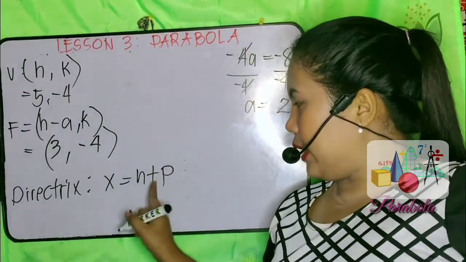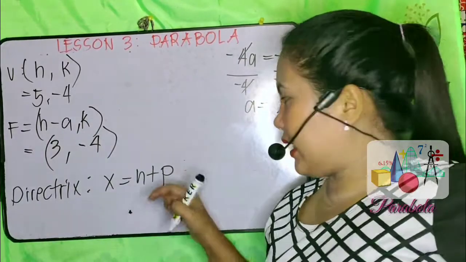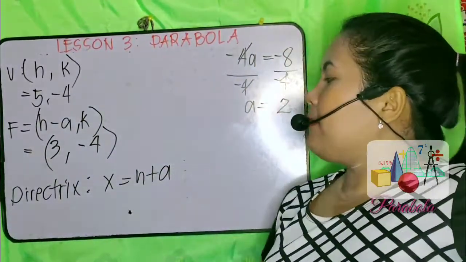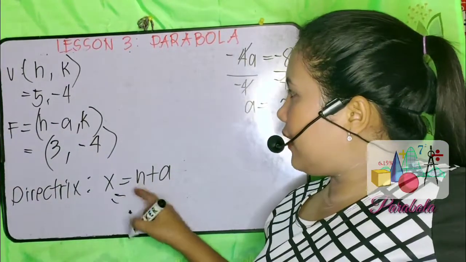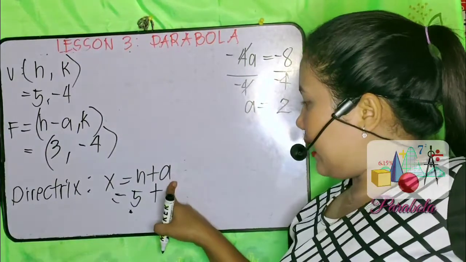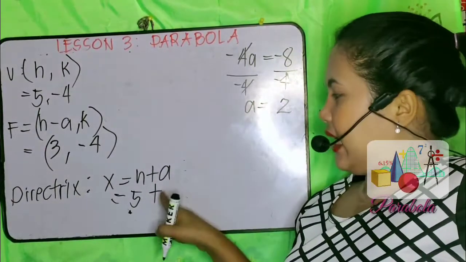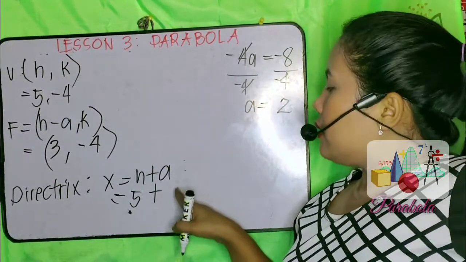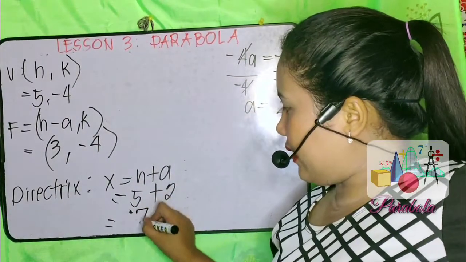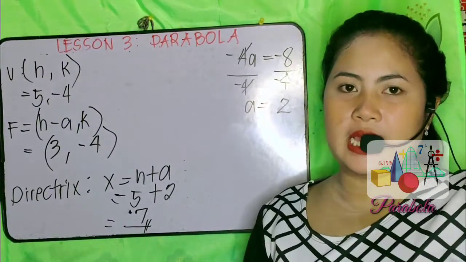Ito po yung formula niya. A po pala, nalilito ako. A pala yung ginamit natin. Okay, so we have value for h, which is 5. Then, plus value ng a natin. So, kaya hinanap natin siya kasi kailangan natin siya dito gamitin. Okay po. So, value ng a natin is 2. Then, just add it. So, we have 7. So, our value for directrix is 7.